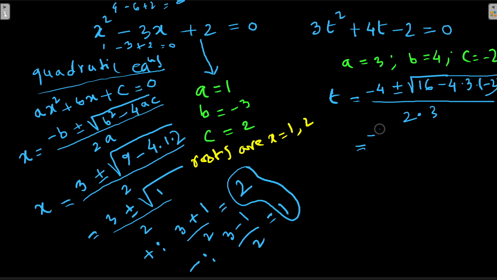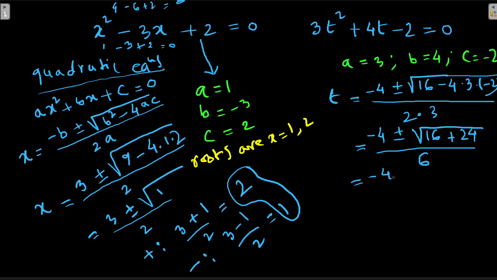So then minus 4 plus minus square root of 16 minus, and this minus will give you plus, and the number is 4 into 3 into 2, that is 24, and by 2 into 3 is simply 6.